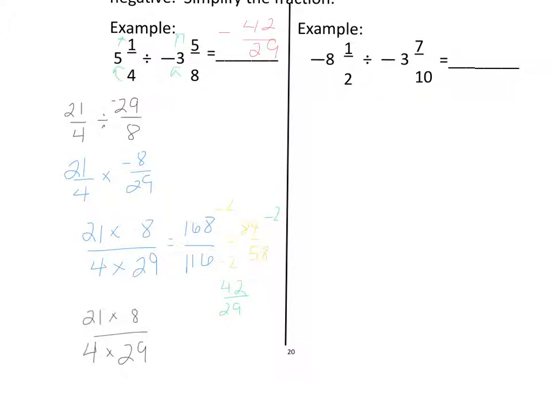If we were to cross-simplify, we could note that we can simplify by 4. Now, if you want to simplify by 2 and then simplify by 2 again, go right ahead. But if we simplify by 4, we can say that 4 goes into 4 one time and 4 goes into 8 twice. So now we have 21 times 2 over 1 times 29.